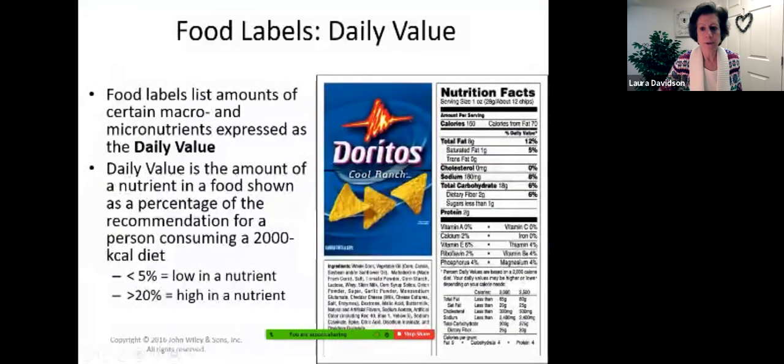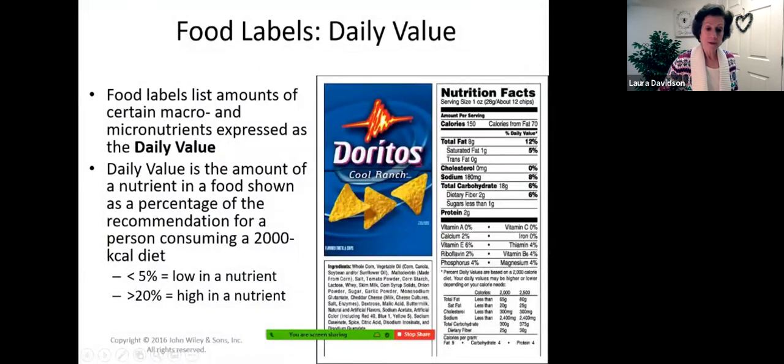Interestingly, there's a new food label. It's changed a little with regards to the vitamins and minerals that are part of the label. The calories are really big, and some of the serving sizes have changed to be more realistic.